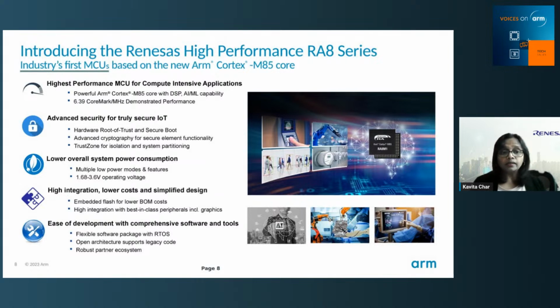These devices are highly integrated, and we build in embedded flash that will help our customers lower their BOM costs, eliminate the need for an external memory in the system, as well as simplify their designs with the integration of best-in-class peripherals, as well as graphics. And of course, last but not the least, comprehensive software and tools. As I mentioned, the flexible software package comes with RTOS and provides you all of the infrastructure software that you need to start your application development.